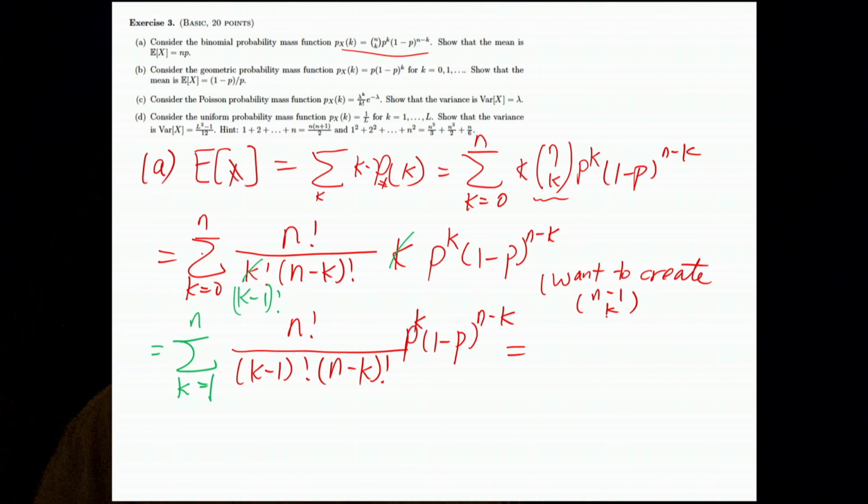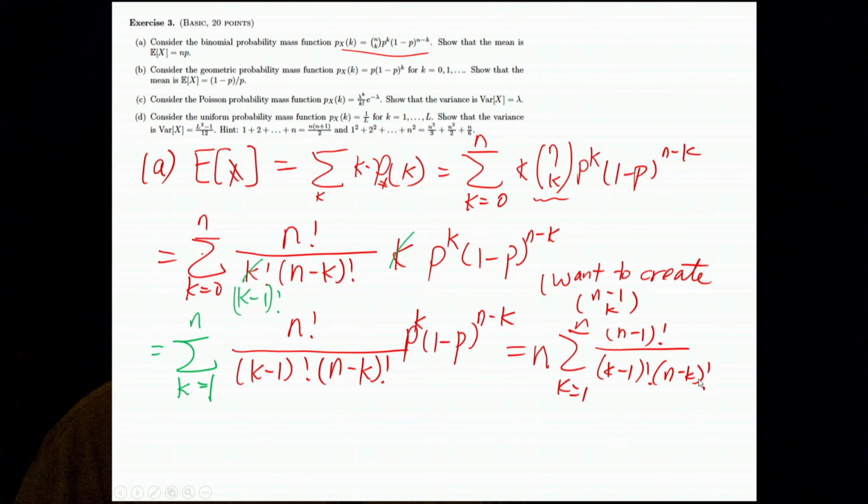So first step, I take n out, still k equals 1 to n. Now I have n minus 1 factorial over k minus 1 factorial and n minus k factorial, p to the k and 1 minus p to the n minus k.